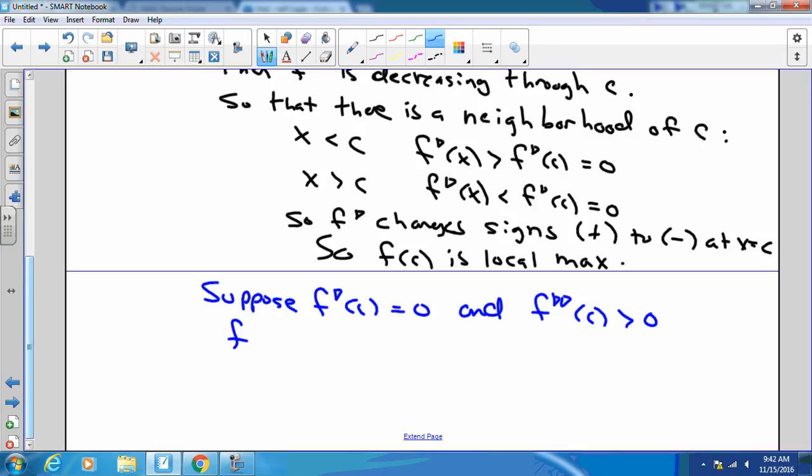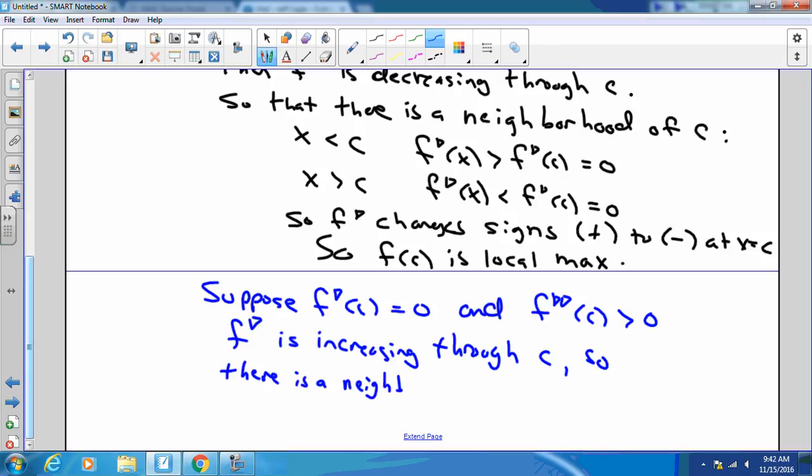So that f... not f, prime. Yes, f prime, because f double prime is the derivative of f prime. F prime is increasing through c, in the neighborhood.